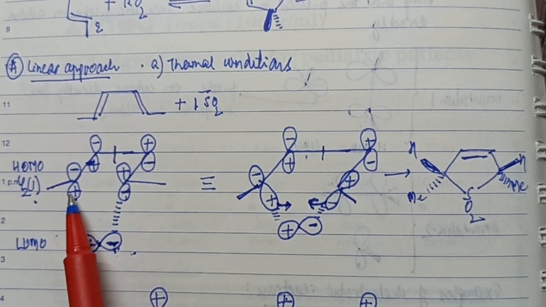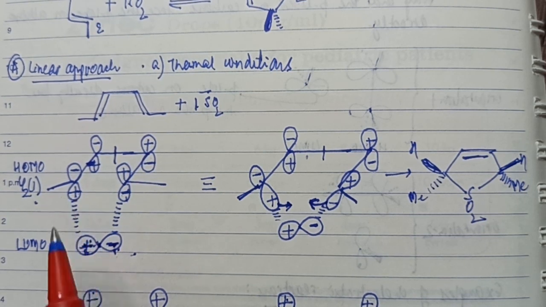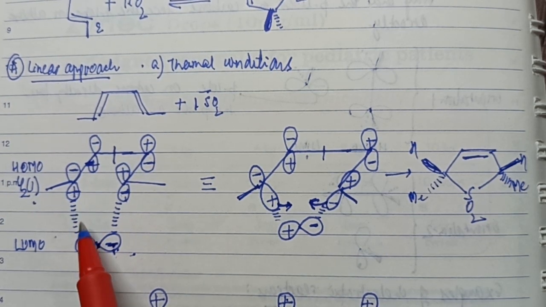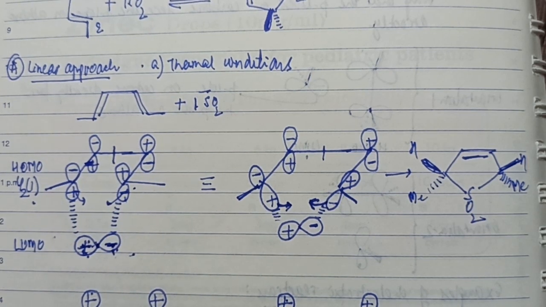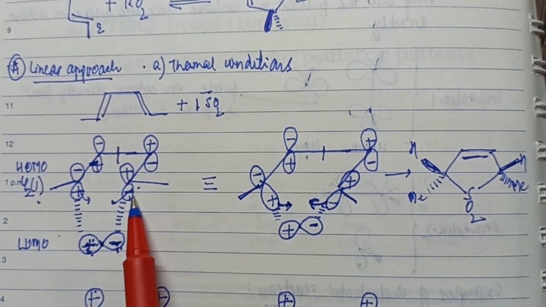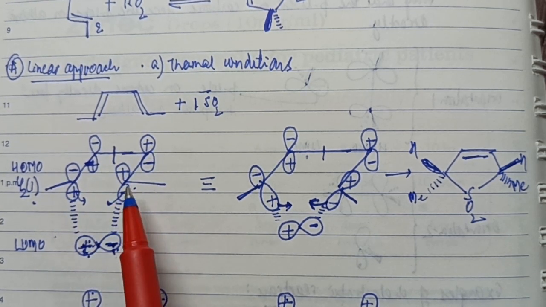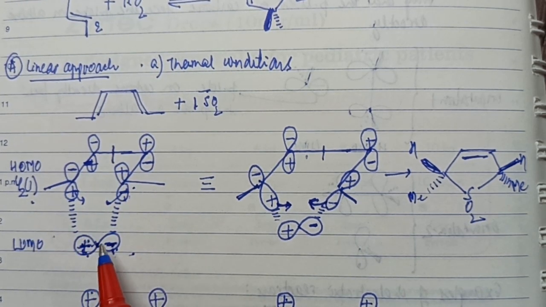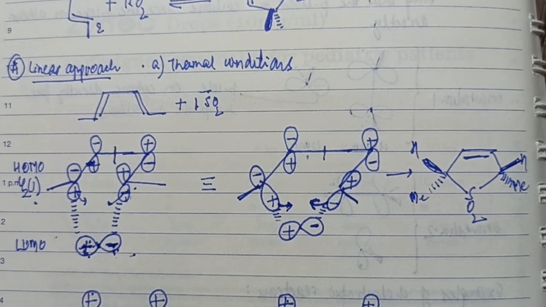So these two lobes are not directly interacting. Indirectly, once it forms a bond, this has to move in this direction to form the bond, and this has to move in this direction as well. Therefore, both terminal lobes of the diene moiety, while bonding with the sulfur dioxide molecule in the case of a linear approach, have to undergo a disrotatory mode of ring closure.